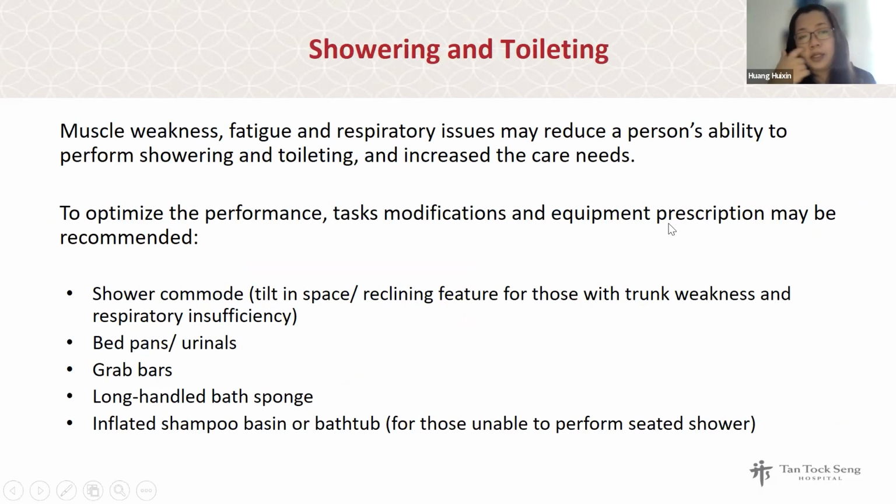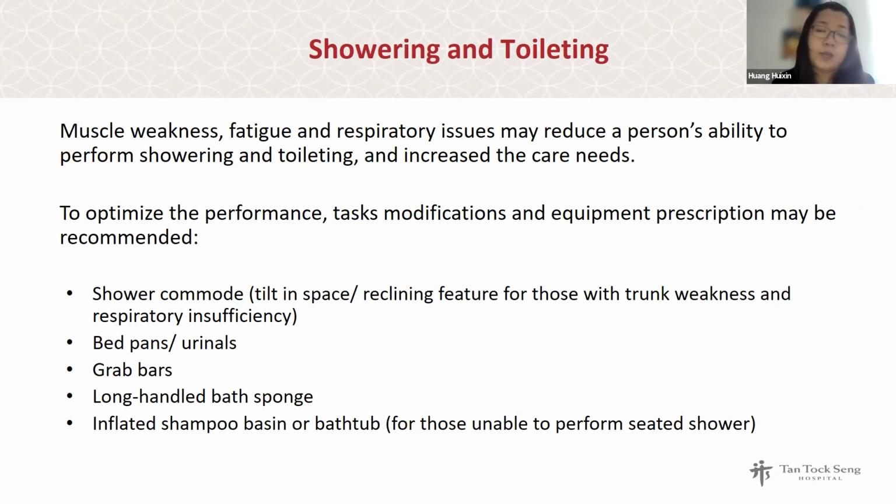For shower and toileting, for us, we look at how we can optimize the task and also modify it. Some of the equipment we might recommend will be the shower commode for patients. And for this shower commode, we have to decide whether it is with a tilt function or recline function.